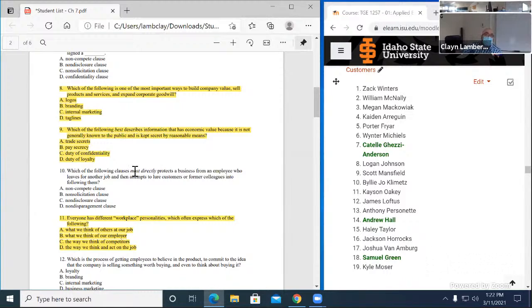Trade secrets. Nope, that's absolutely correct. And so we have an obligation to do what with trade secrets as employees? To keep them to ourselves.